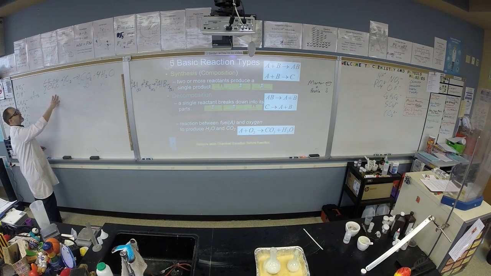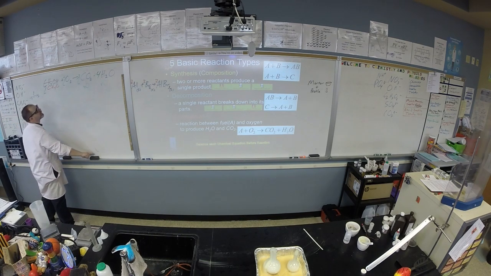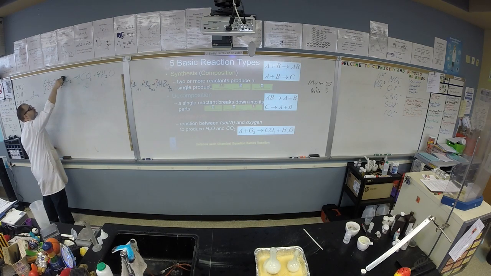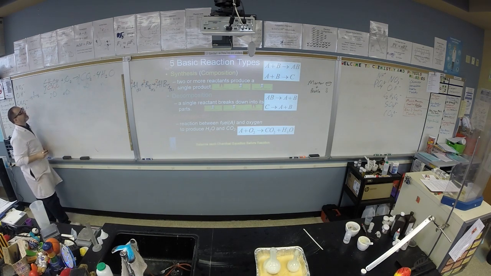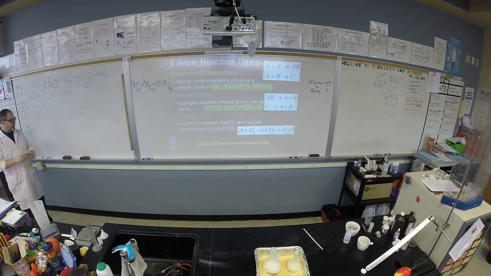Can we make this side have 8? How would we do it? Replace the 2 with a 3. Because we've got 2 oxygens here, we're going to need 6 oxygens over here, and that's how you balance it. Again, it's like a combination lock. A little bit left, a little bit right. A little bit left, a little bit right.